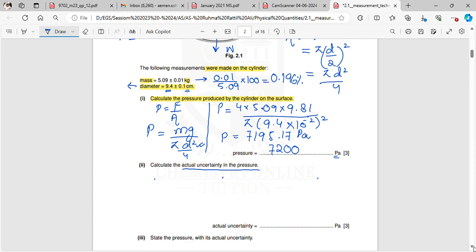And for diameter, I'll get 0.1 divided by 9.4 into 100, so I am getting 1.06%. So percentage uncertainty in pressure will become percentage uncertainty in mass plus 2 times percentage uncertainty in diameter.